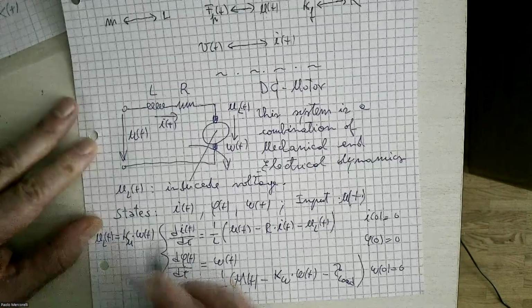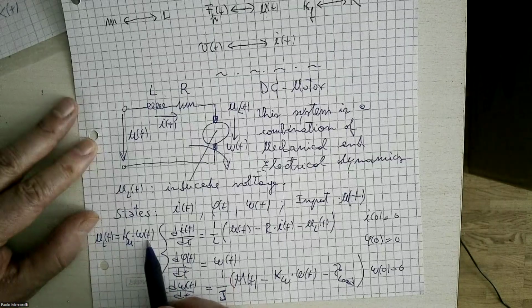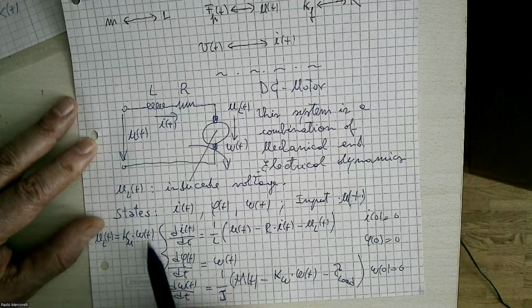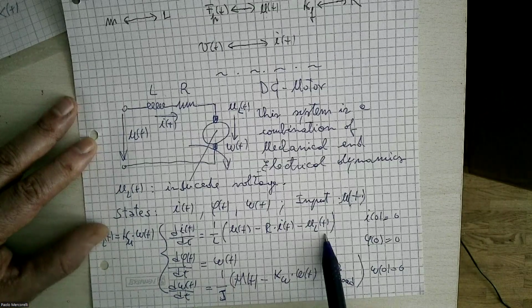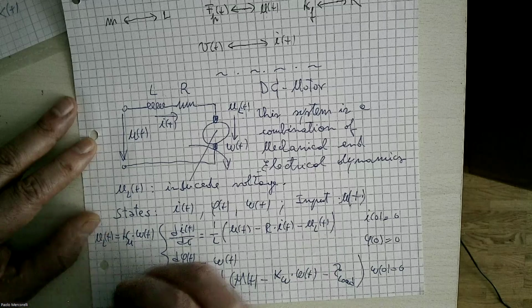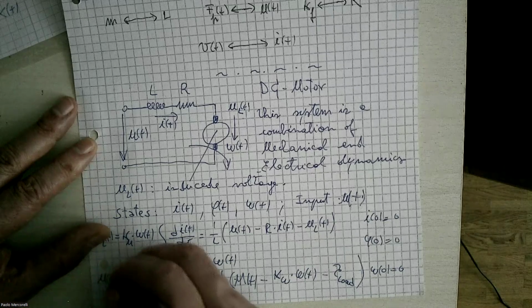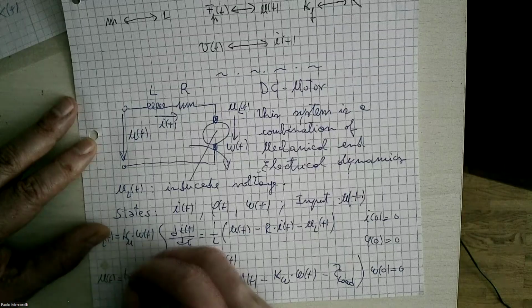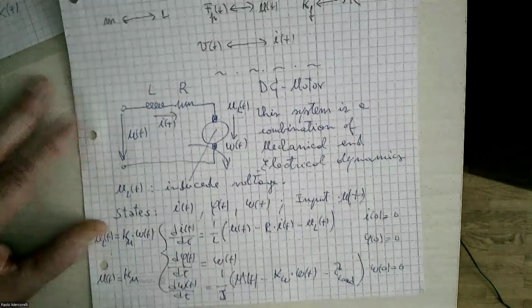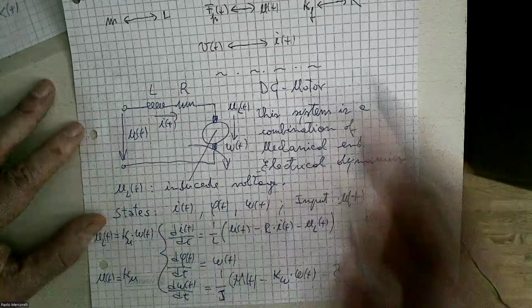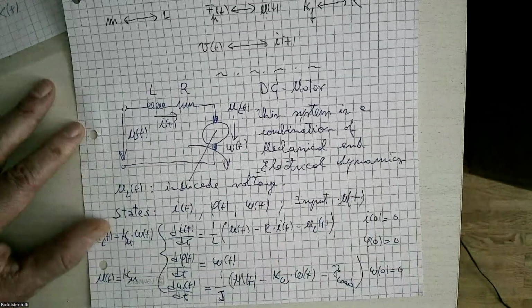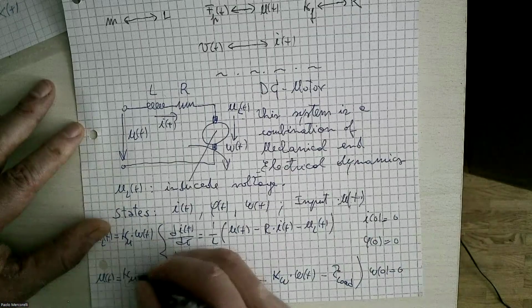What about M of t? We can see that it is now a function of a state. Basically, running faster and faster, we have a stronger reaction. Probably you know, no? M of t is the same Km, very important, this part here is the same, at least for a DC motor, which multiplies the current.